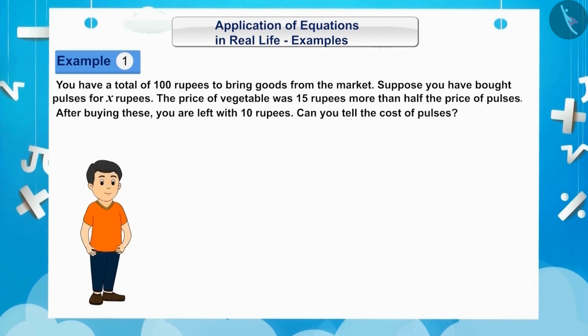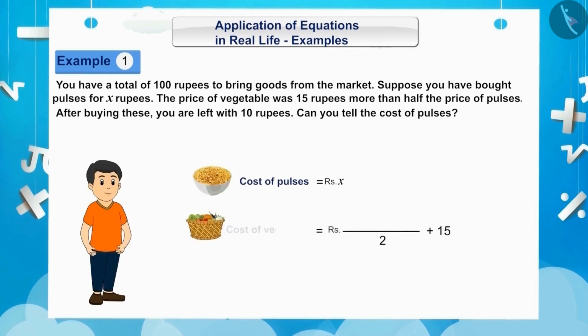Given that the cost of pulses is x rupees, the cost of vegetables is 15 more than half the cost of pulses, which is x by 2 plus 15. And we're left with 10 rupees.